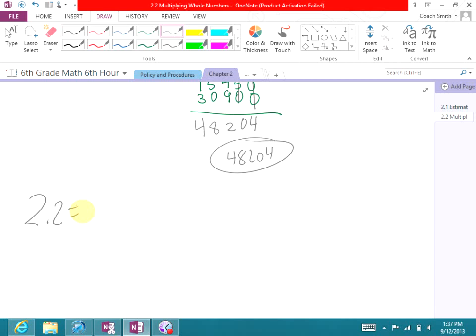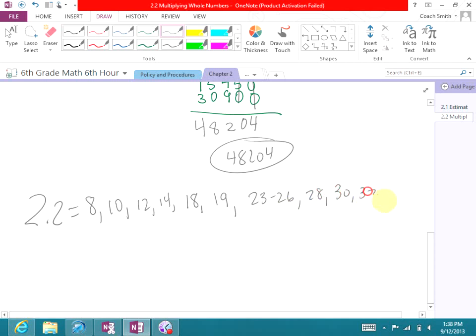Okay, you got 2.2, 8, 10, 12, 14 in your notes. You always write the assignment in the bottom of your notes page. And then once you do it in your homework, you write it there. Okay, so you have 8, 10, 12, 14, 18, 19, 23 through 26, 28, 30, and 32.